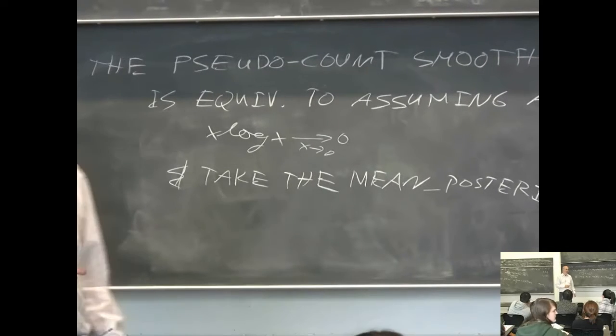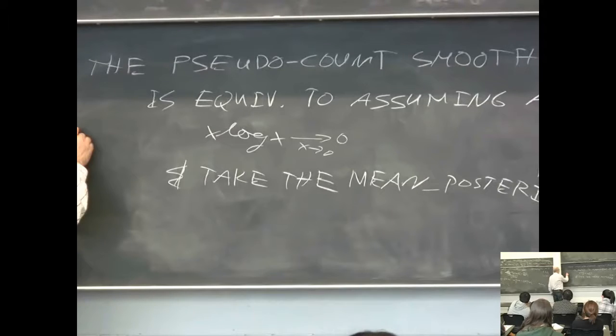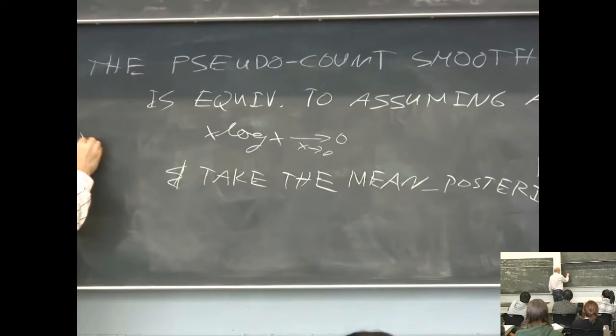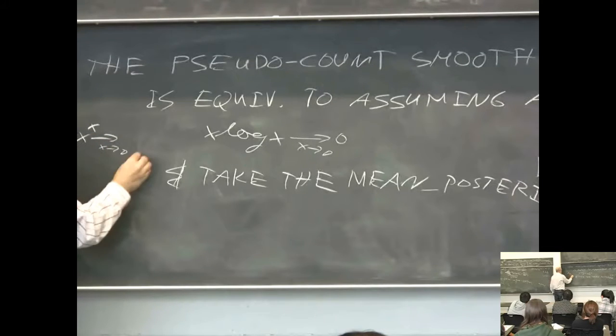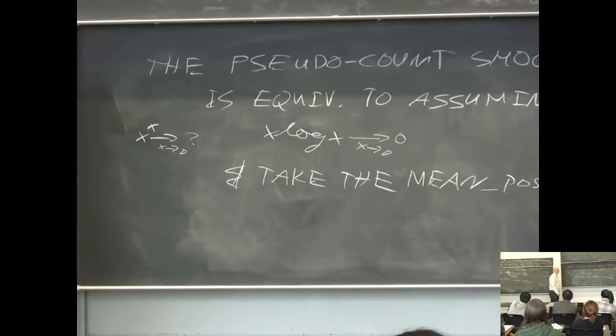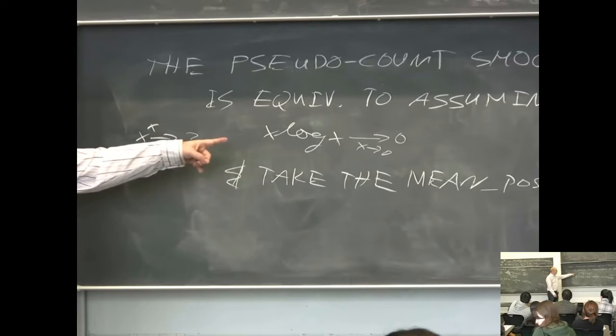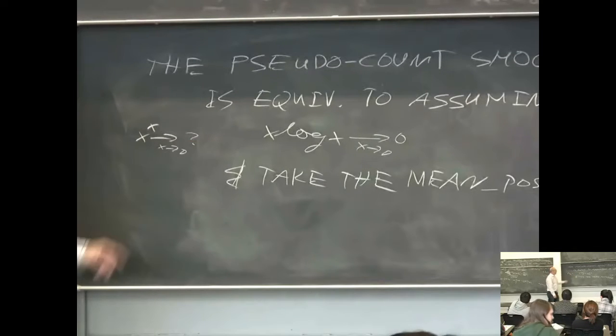So, x to the x, when x goes to 0, what's the limit? 1. You could take x log x. x log x goes to 0, so this goes to 1.